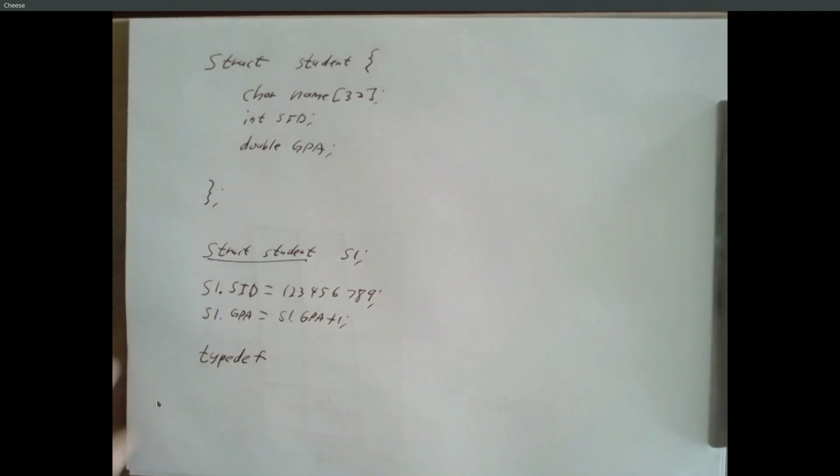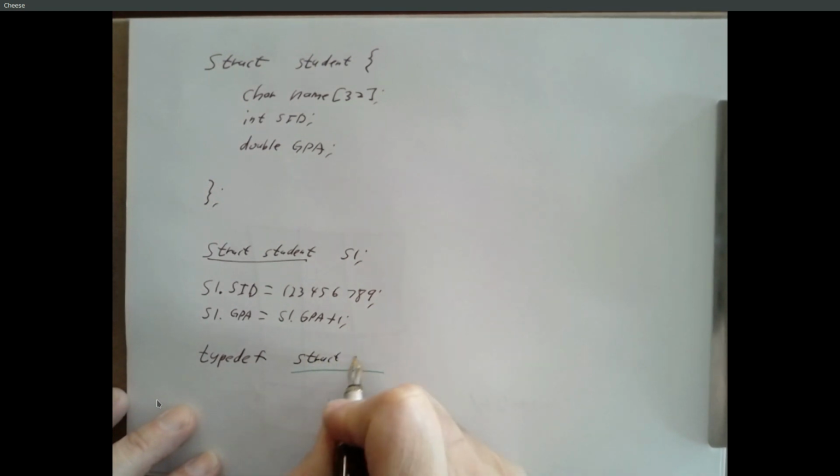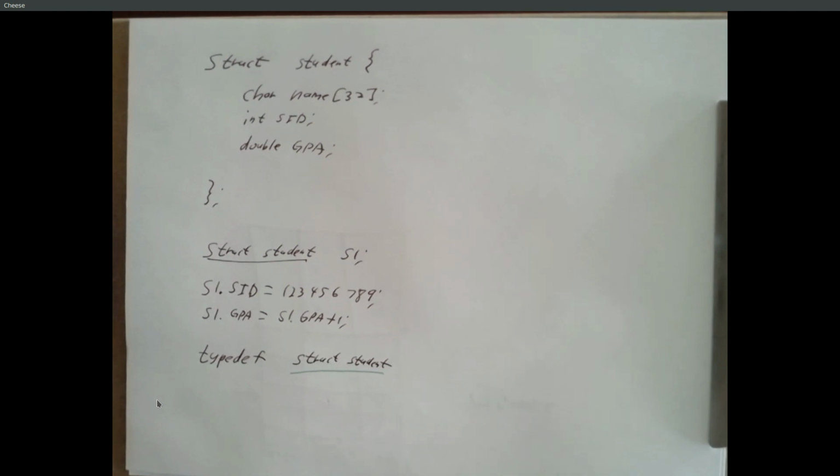So typedef is a statement in C. We use the keyword typedef, space, and then we list. Typedef is a way to make a pseudonym for some other type. Okay, so we list the type that we want a pseudonym for. So I want a pseudonym for struct student. And then we list what we would like to use instead of having to say struct student.